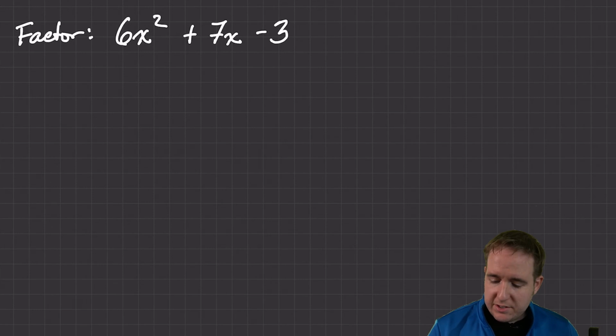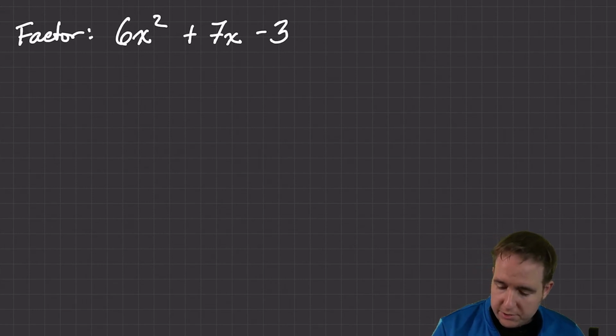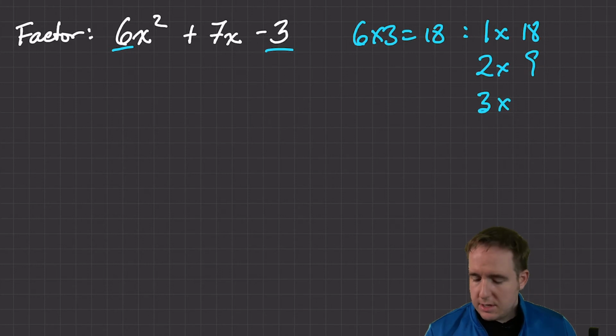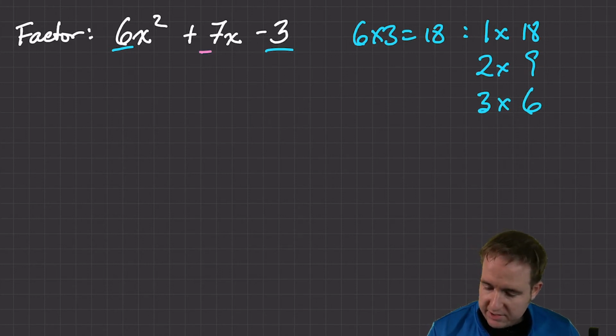Where you do see this is something like this. So we already know how to do this from before. I look at the 6 and the 3. 6 times 3 is 18, and I want to make the complete list of ways to make 18 by multiplication. 1 times 18, 2 times 9, 3 times 6, and I look for a pair that I can combine to make 7.